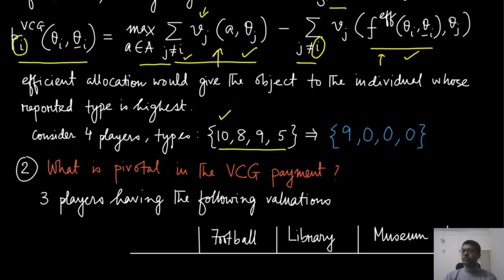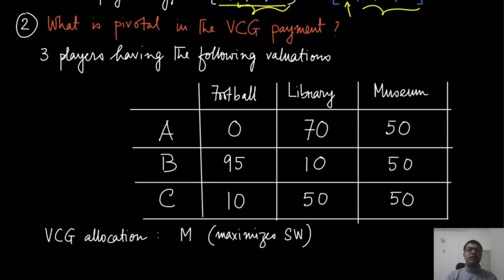Now if you put these numbers here, this should be the maximum of all these 3, which is 9, and this will be equal to 0 for player 1. So therefore the payment there is 9, and for all the other players the payment should be equal to 0. That is exactly the second price auction. So that is one example of the VCG payment.